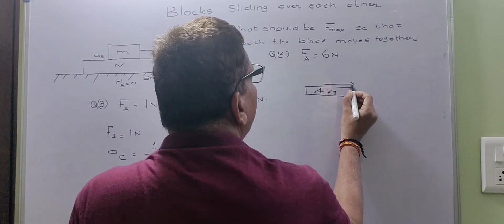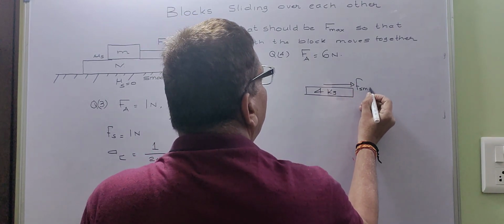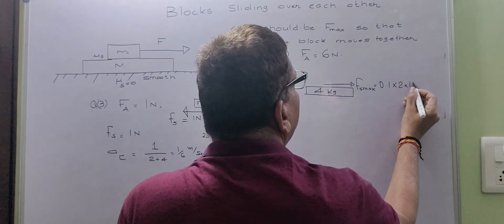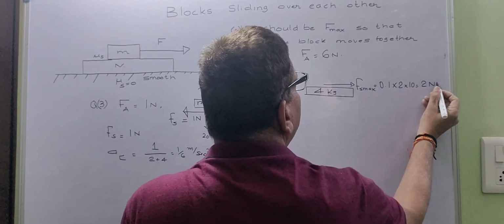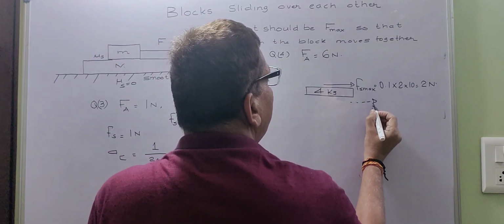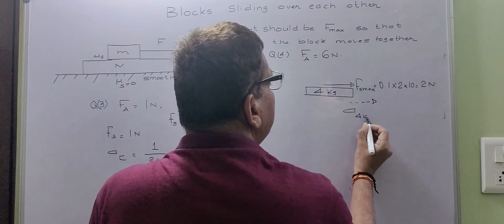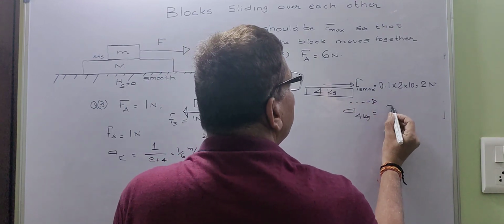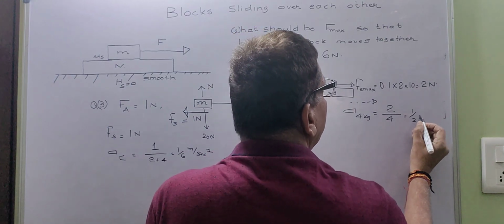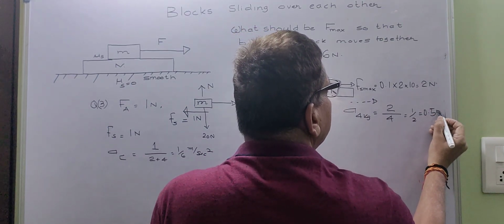The maximum value of Fs max, you already know, is mu s 0.1 into 2 into 10, that is 2 Newton, right? So the acceleration of 4 kg will be the net force 2 divided by mass 4. So this will be 1 by 2, 0.5 meter per second square.